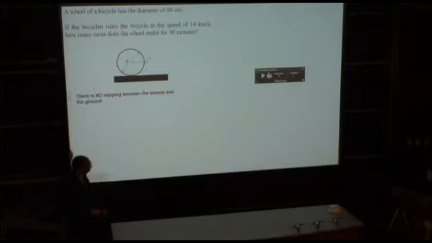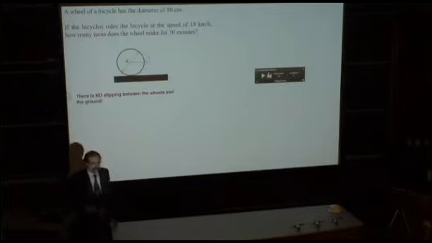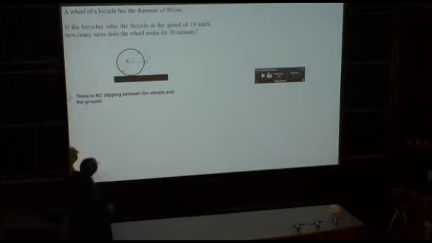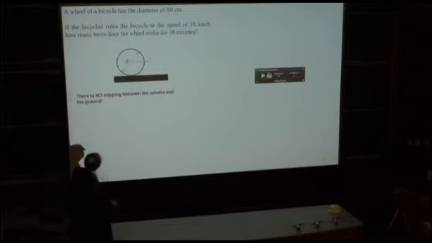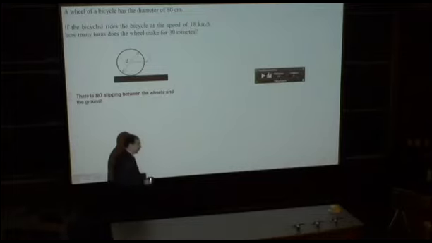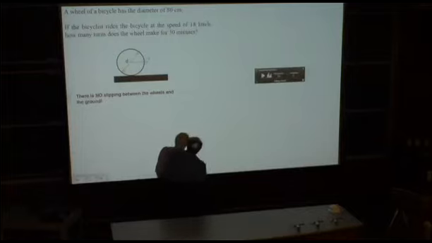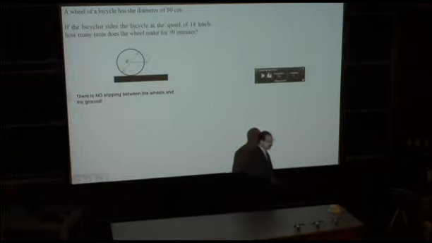The wheel is rolling. This is a bicycle wheel, and what do we know? We know its diameter, 80 centimeters. And the speed, which the person who rides the bicycle can read on the speedometer, is 18 kilometers per hour. So the question is, how many turns does this wheel make in half an hour? 30 minutes is half an hour.